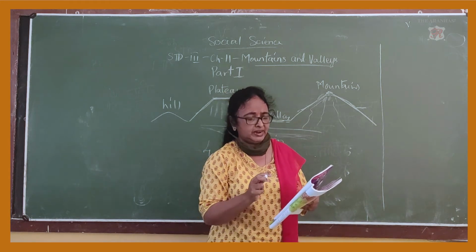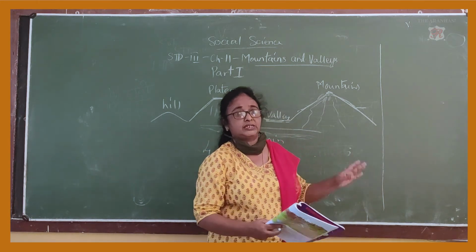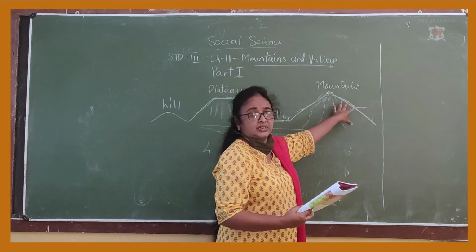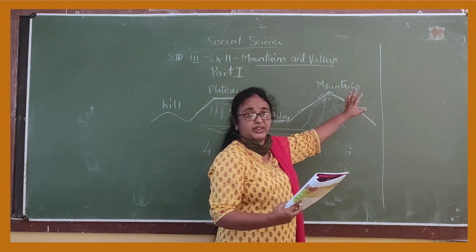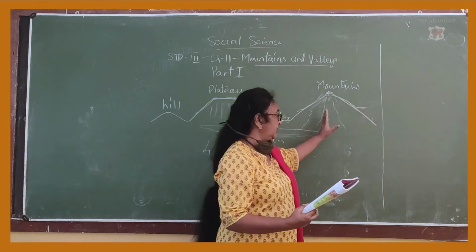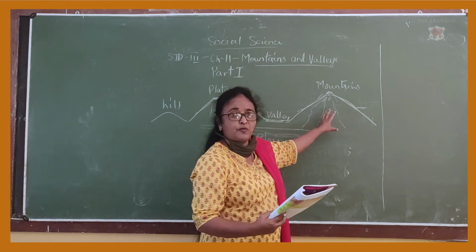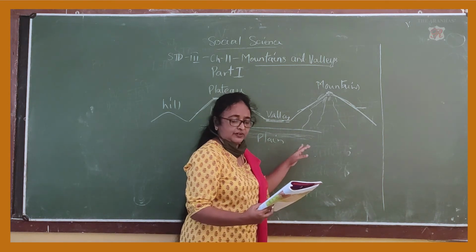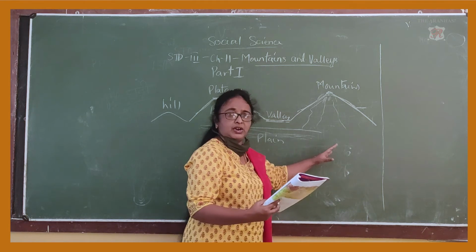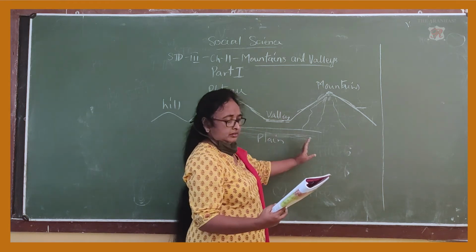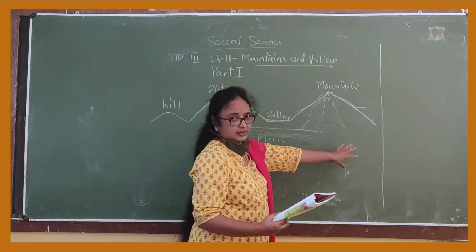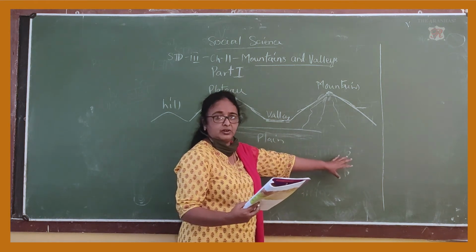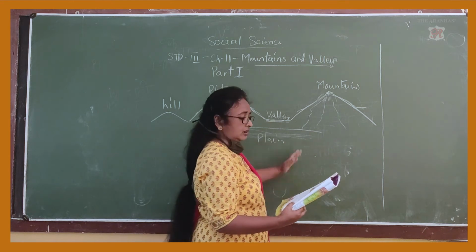The melting happens during summer time, all because of the sun's heat, and it comes in the form of water and forms rivers. Automatically the river is formed. Here we have given the names of the rivers: Ganga, Yamuna, Brahmaputra. All these rivers we will see later.